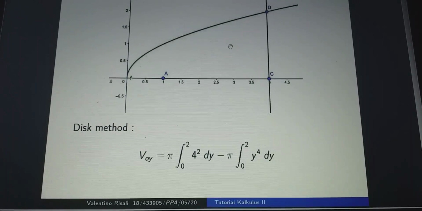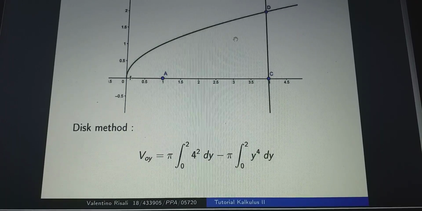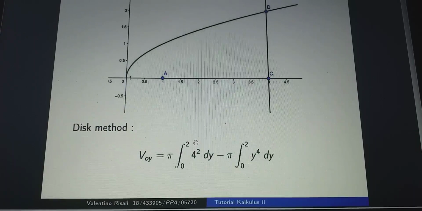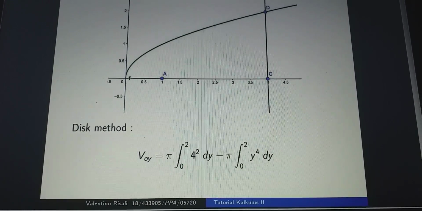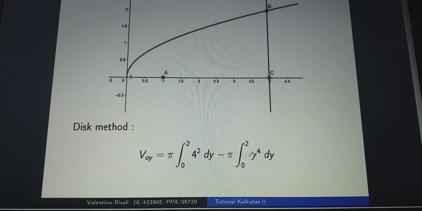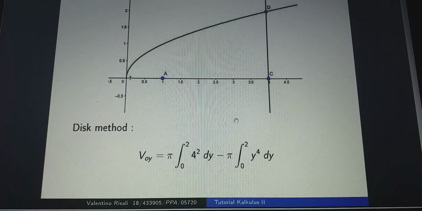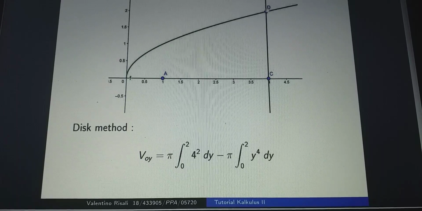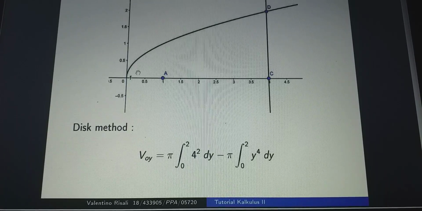Now, if we want to use this method, we must make a little trick. Consider this region.